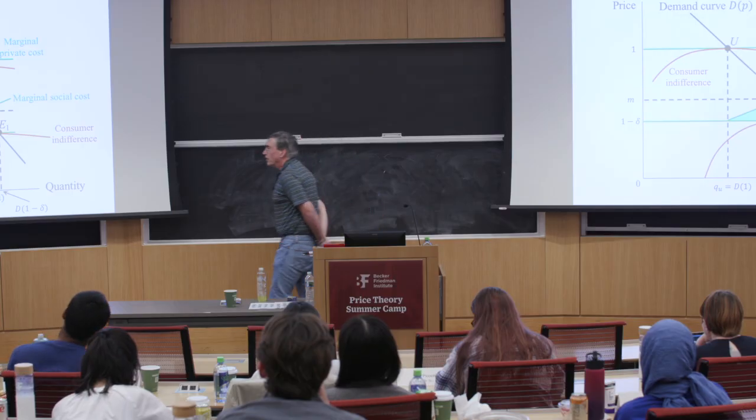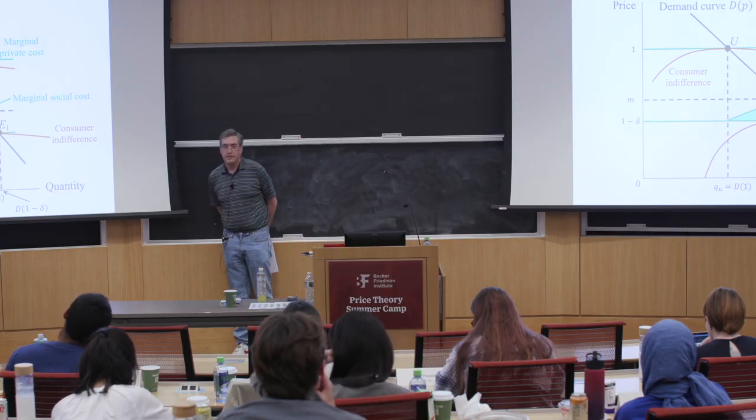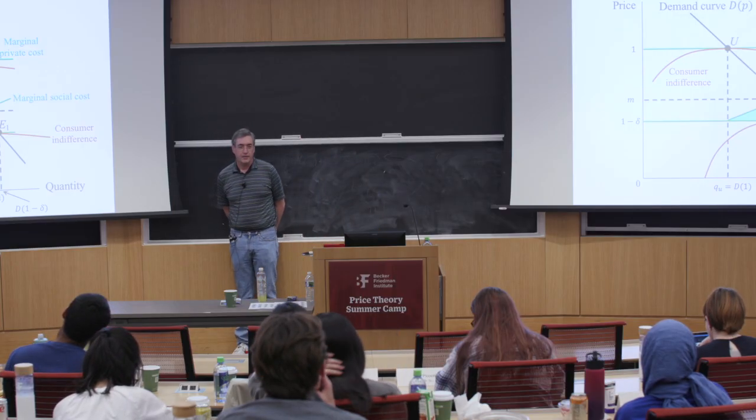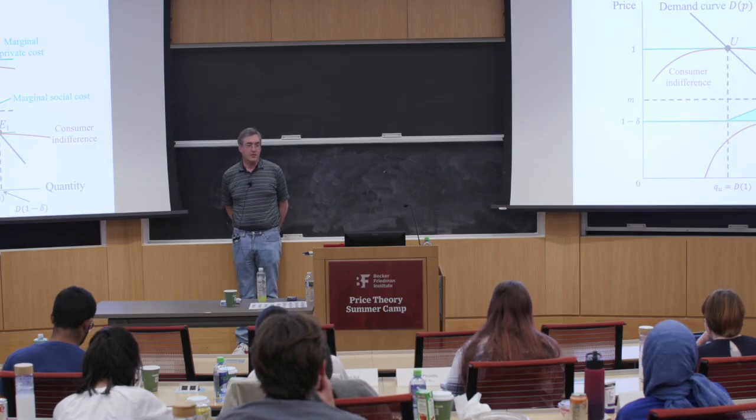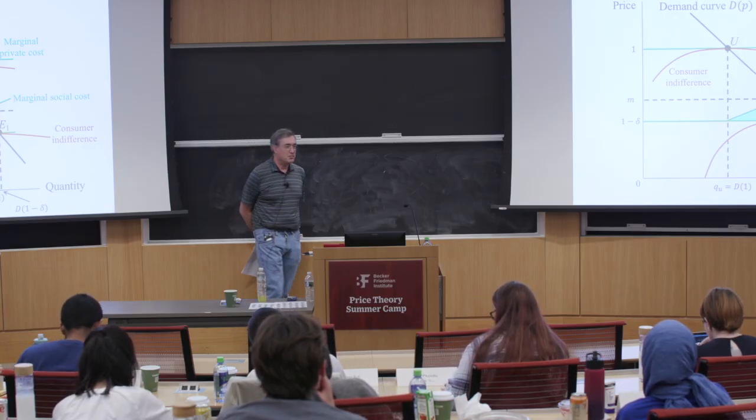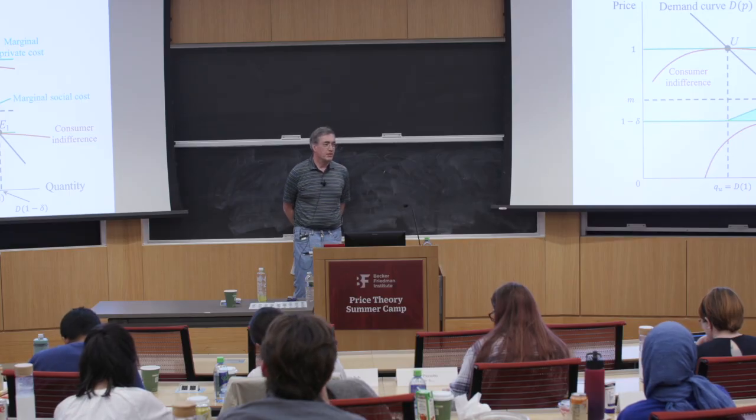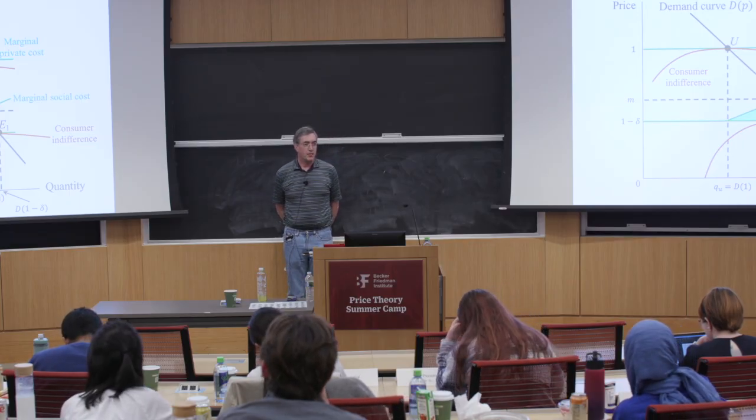What's that green area? As an economic interpretation. It's a geometric object, of course, but what's its economic interpretation?